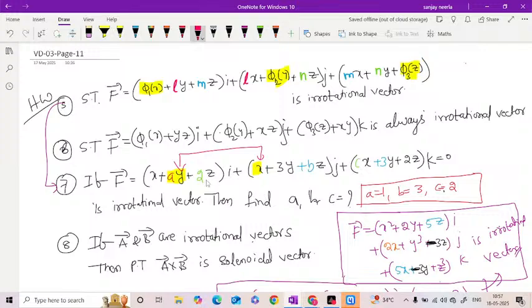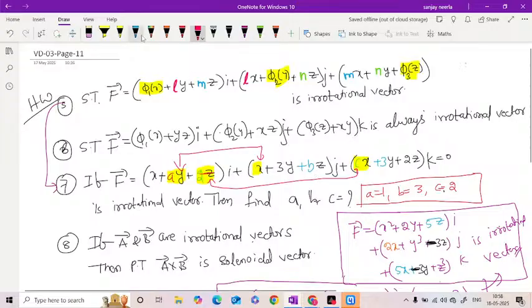Next one, come to here z. The coefficient of z in this one is 2. Next one, come to the coefficient of x here, 2. So here c is equal to 2. Similarly, come to here the bz.